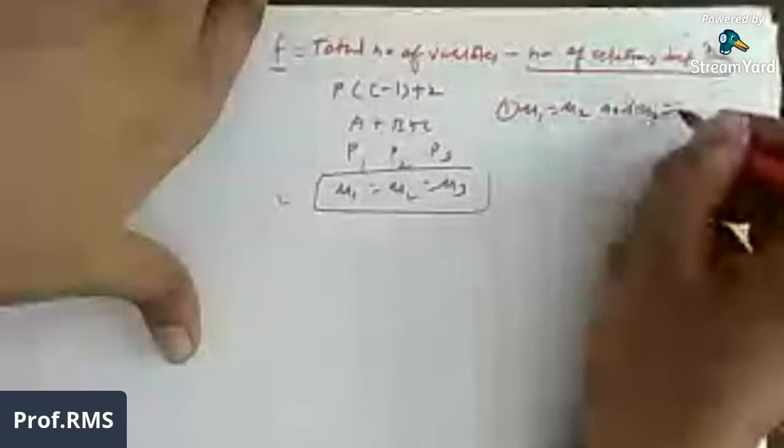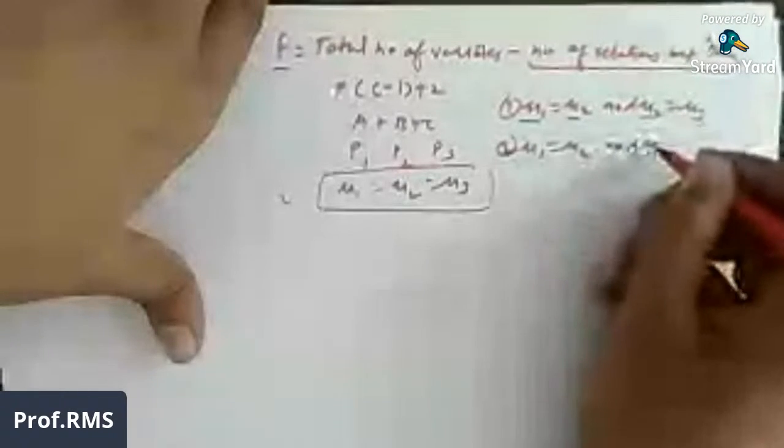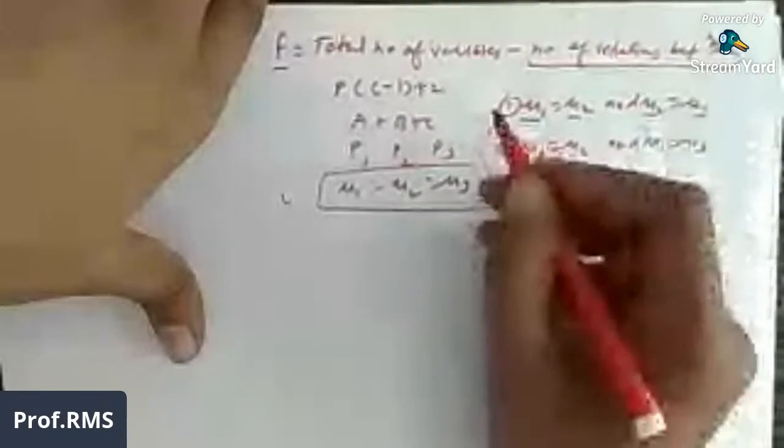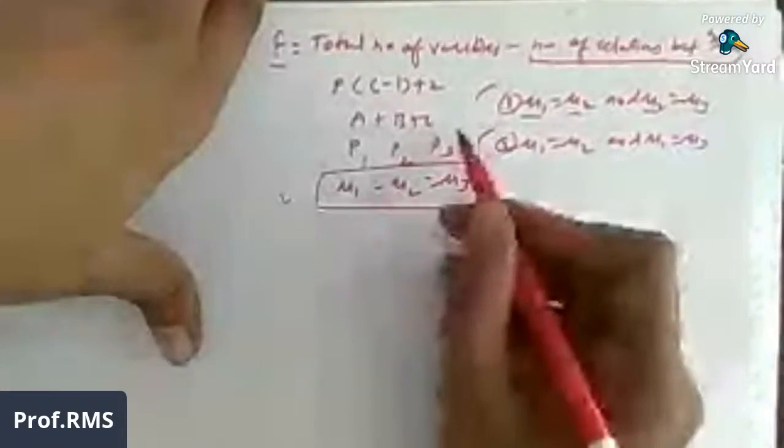The first equation is mu1 is equal to mu2 and mu2 is equal to mu3. We know that the chemical potentials are the same for each phase. The second equation is mu1 is equal to mu2 and mu1 is equal to mu3. So for three phases we got two equations.